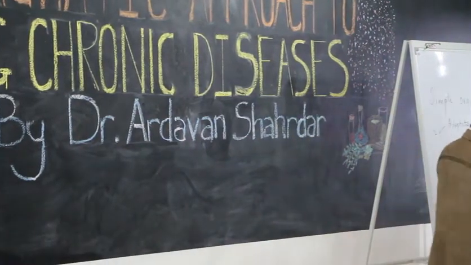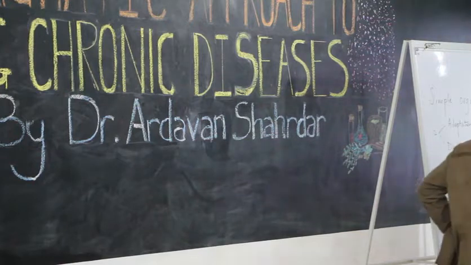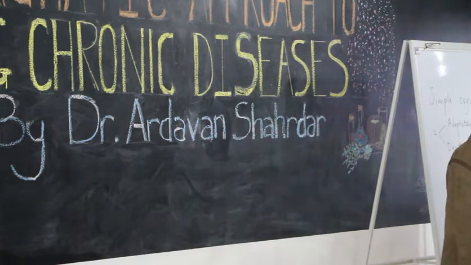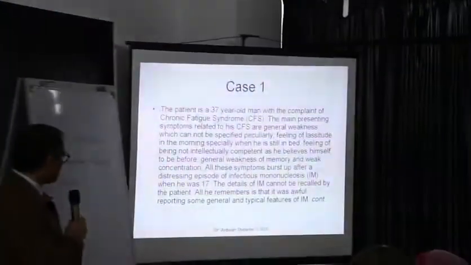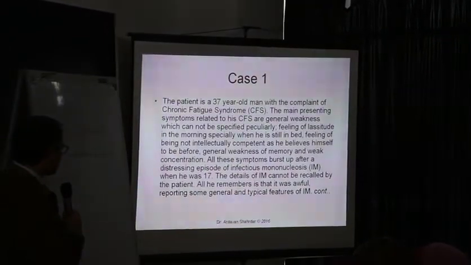So, all these symptoms burst up after this distressing episode of infectious mononucleosis when he was 17. The details of IM, the abbreviation of infectious mononucleosis, cannot be recalled by the patient.